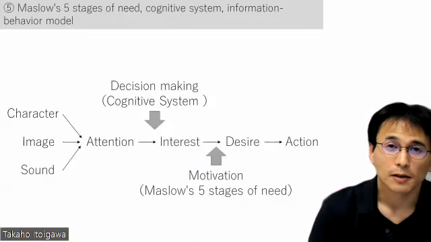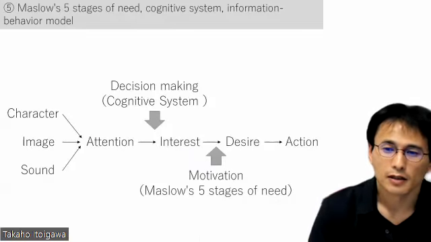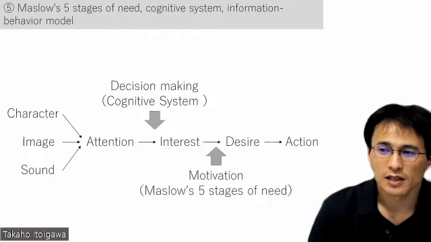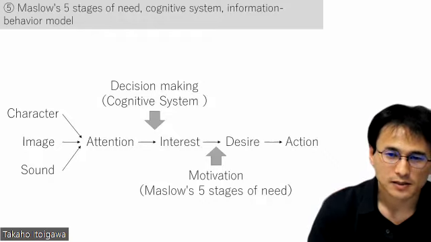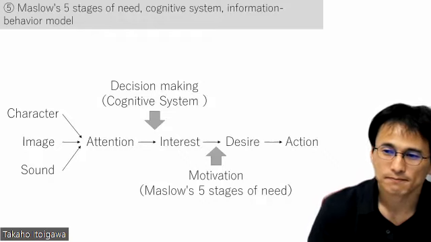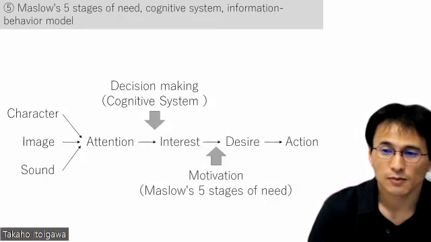Now, let's get back to the main point. Let me explain the relationship between Maslow's 5 levels of needs, the 2 cognitive systems, and the information action model that I have introduced so far. First, nudge is information designed to make people act, so the information action model is the basis.